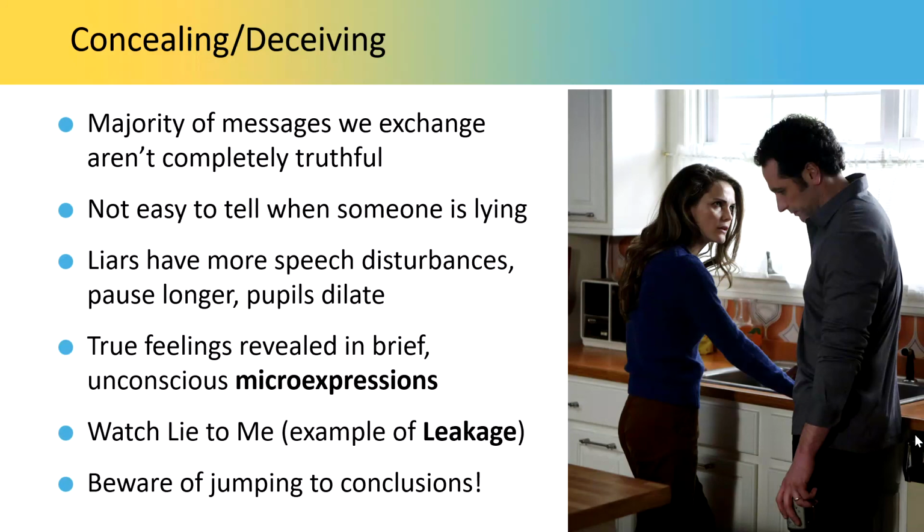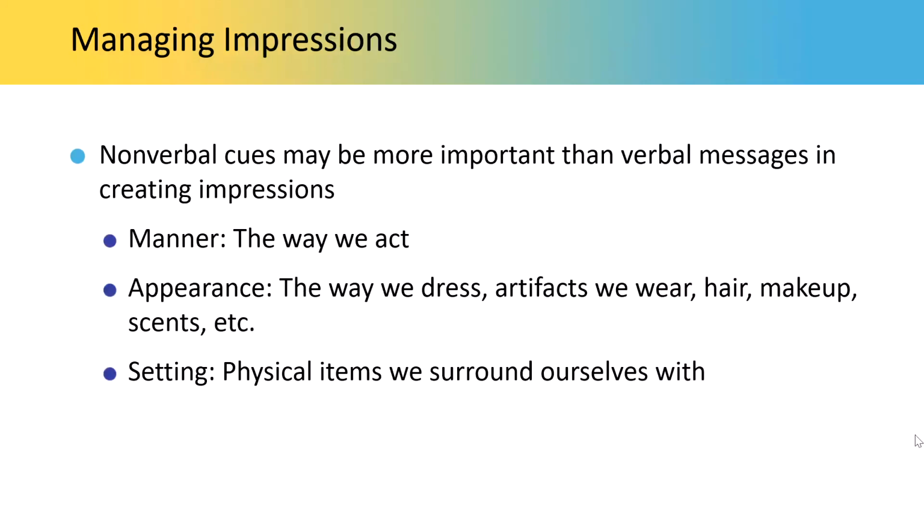But anyways, this is one of the functions of nonverbal communication. And the last one is we use nonverbal communication to manage impressions, which to me is, I would say influencing others and influencing ourselves are a subset of managing impressions, but the textbook doesn't, so what do they know? No. Okay.